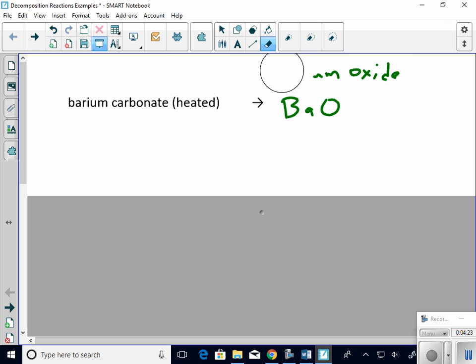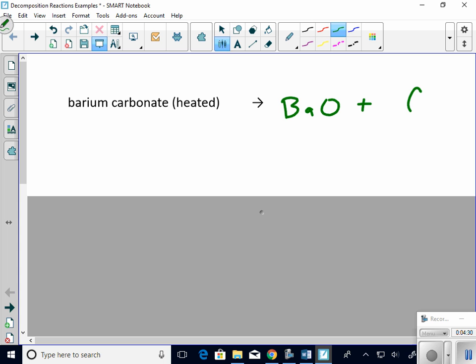I clean it up now. I don't need that barium oxide up there anymore. And what was the other thing my help sheet told me? Carbon dioxide. Now, am I finished? No, I'm not, because this is not a reaction, since I didn't put barium carbonate.